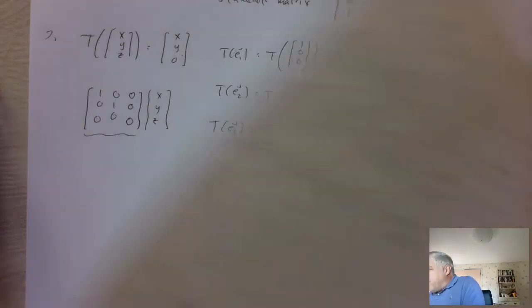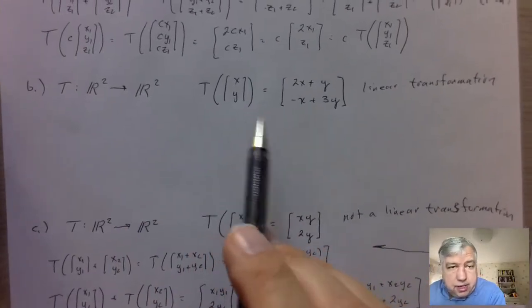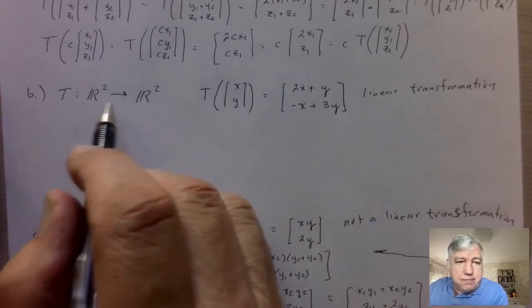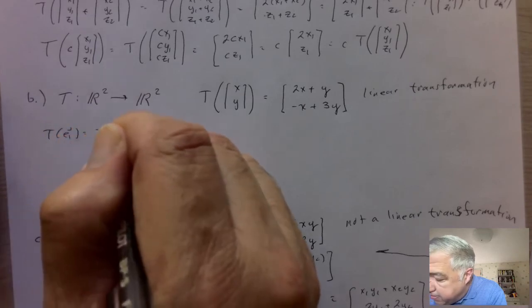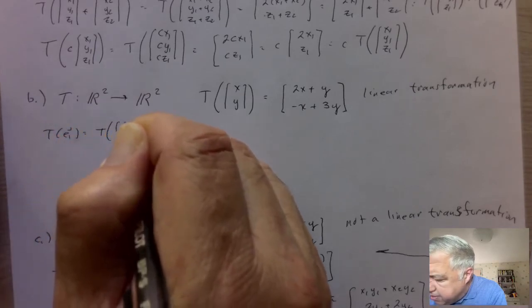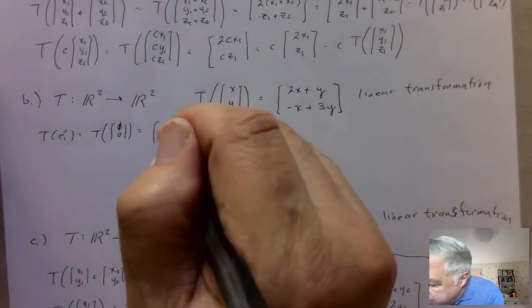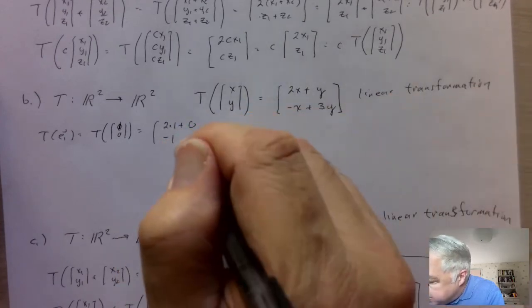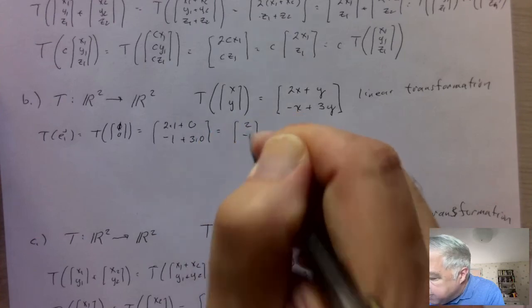If we go back to one of the examples we saw before, example B, if we do the same thing here, we get T of e1 is T of (1, 0), which in this case would be 2 times 1 plus 0, and then negative 1 plus 3 times 0, which is (2, -1).